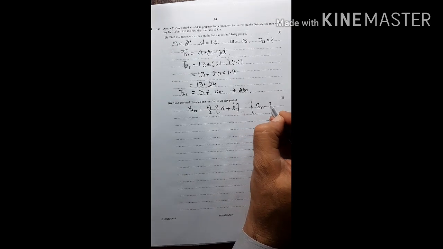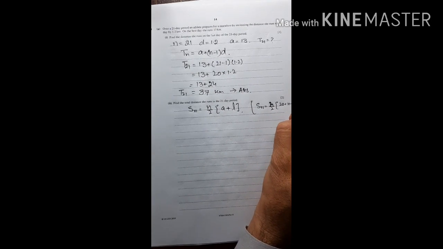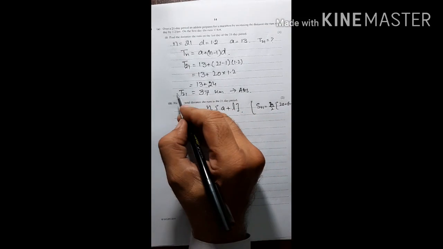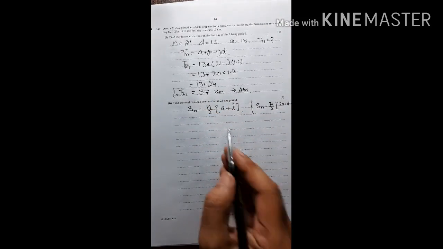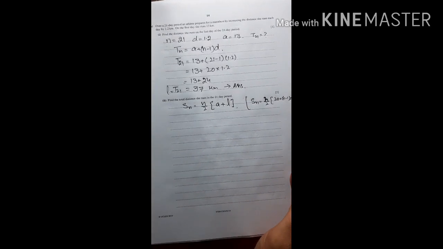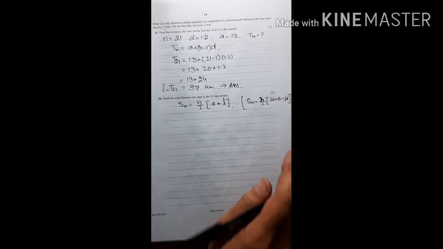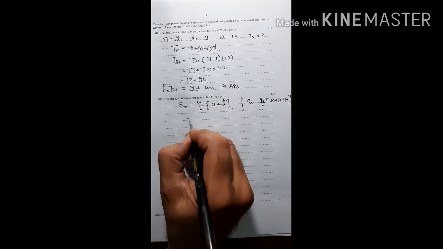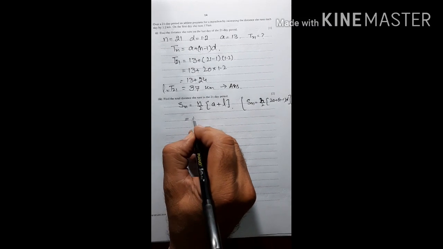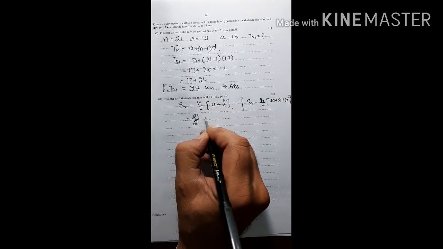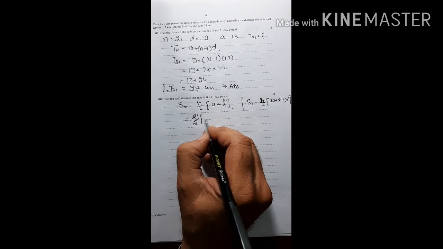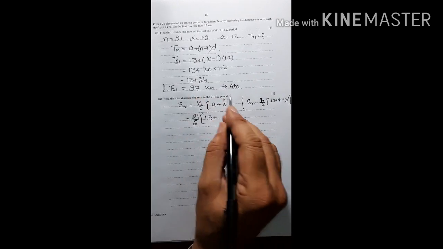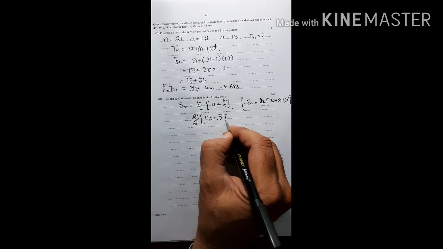Sn is n over 2 into (2a plus (n minus 1)d). So I already got the last term, so I'll use this one, which is easier to use in this case. So this is 21 over 2, n is 21, a is 13 plus the last term 37.